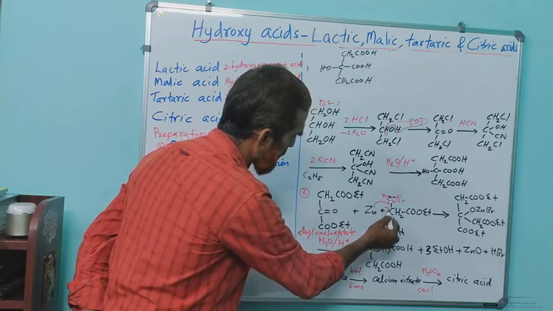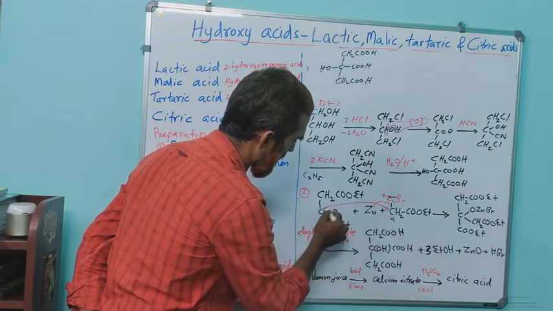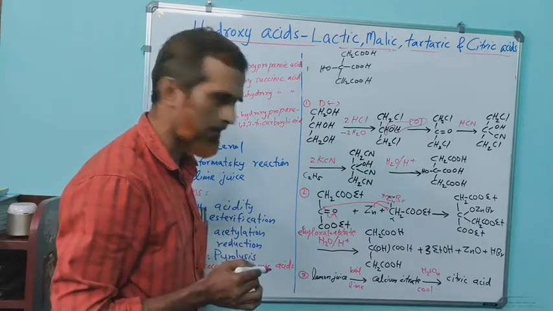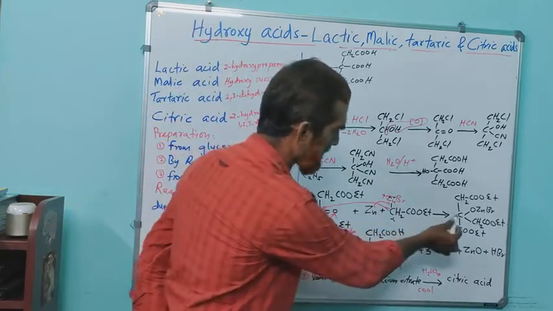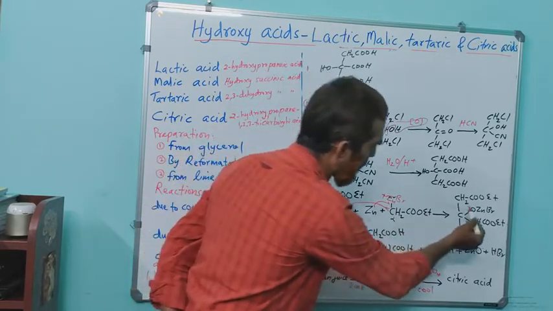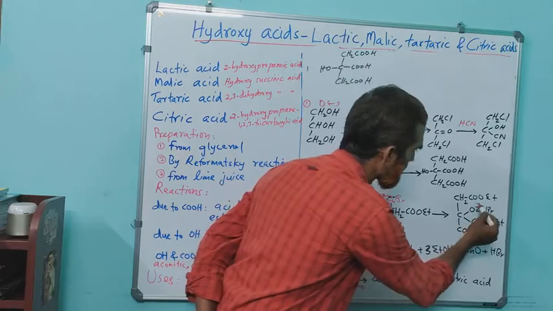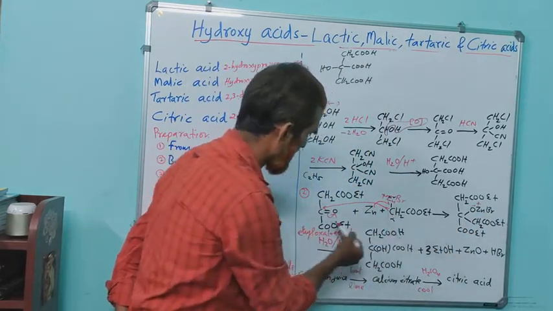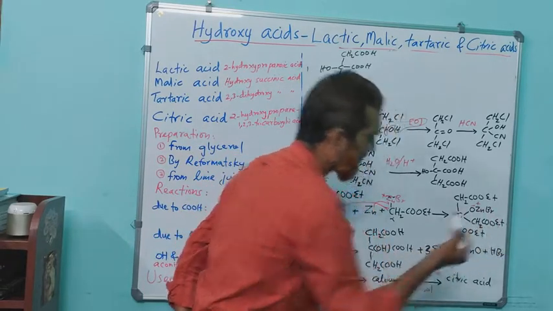This is a nucleophilic attack on this carbonyl carbon. Very similar to Grignard reagent reaction. So what happens? Look at this. This becomes O-ZnBr, and this negative part gets attached to this carbon. Okay, you get this.